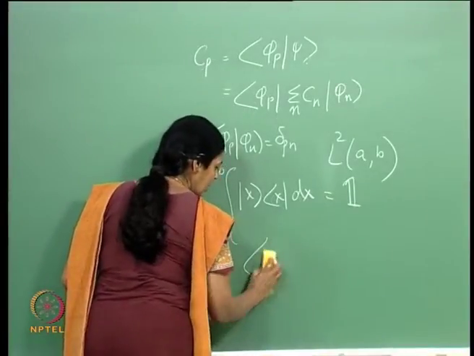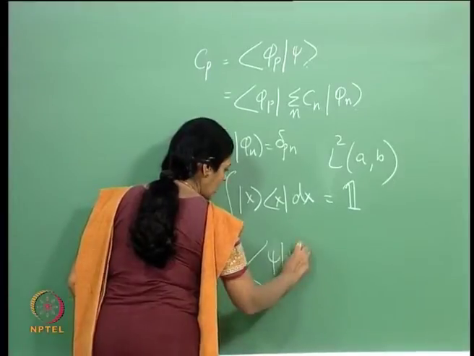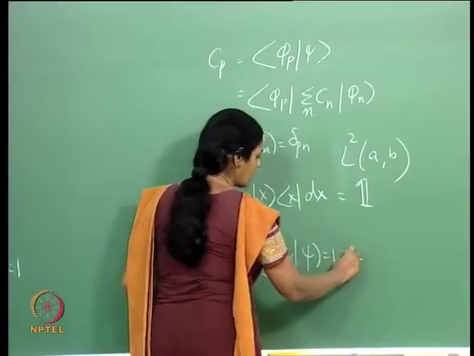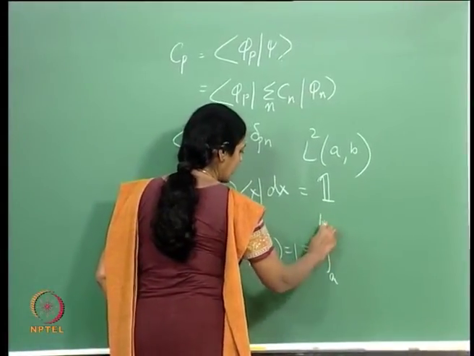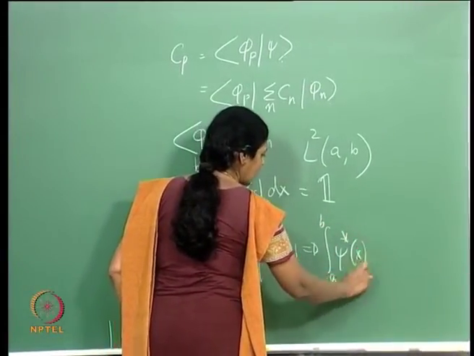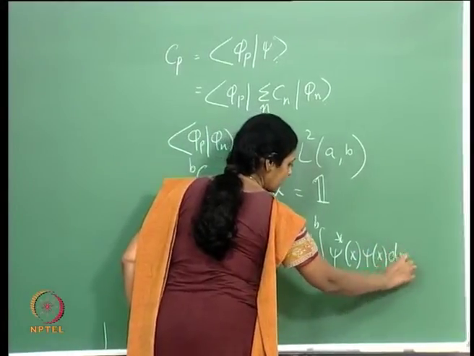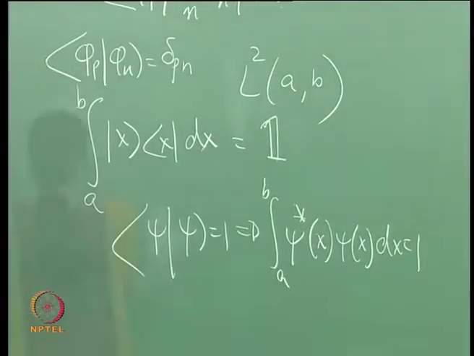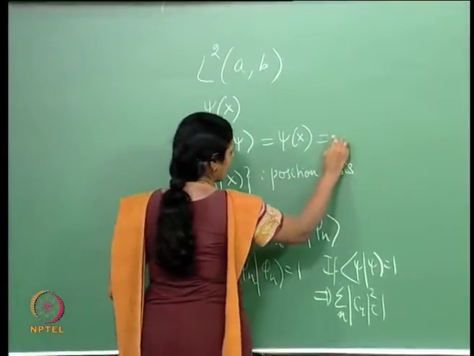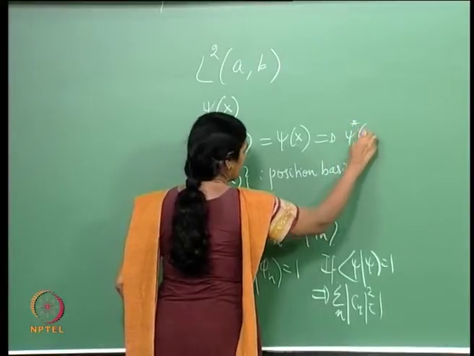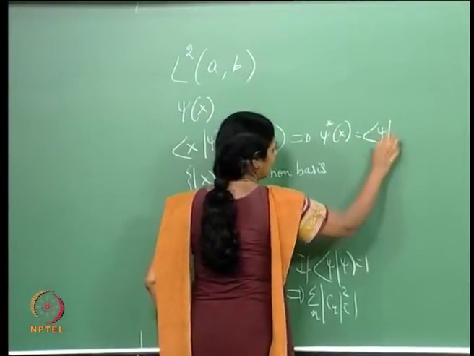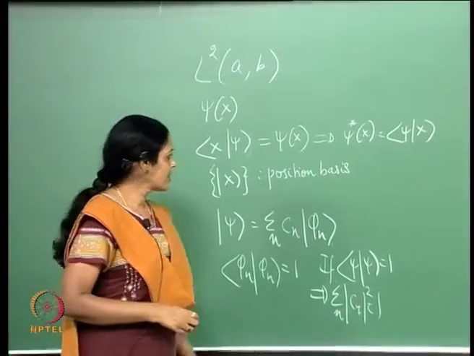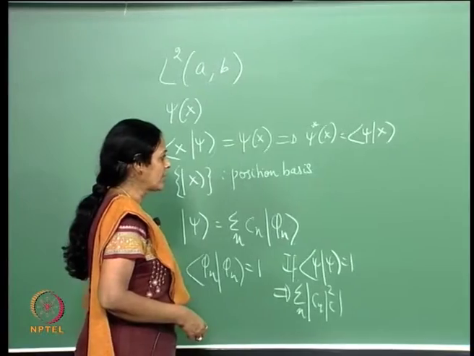Suppose I have a state psi which is normalized to 1, I can well introduce this complete basis there, and that would amount to saying integral a to b psi star of x psi of x dx is 1. Because I have introduced a complete set of states, if psi of x is this, it implies that psi star of x is this object, the inner product of bra psi with ket x, and therefore I got that.